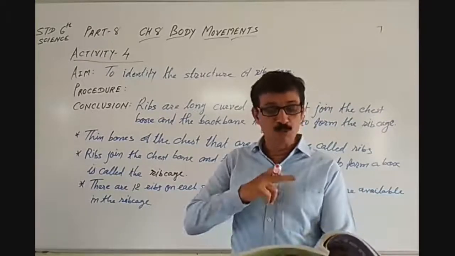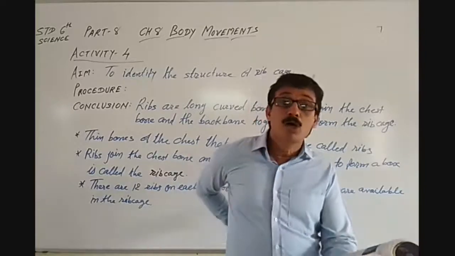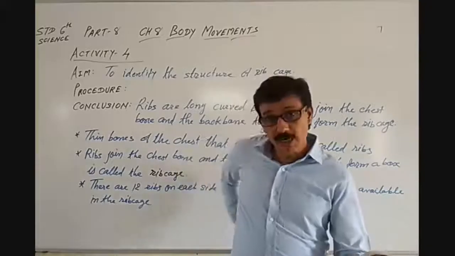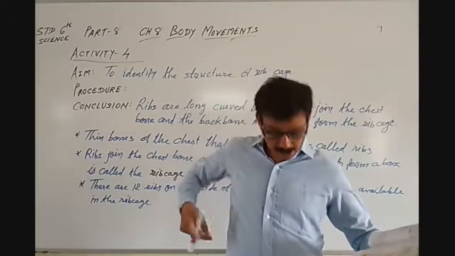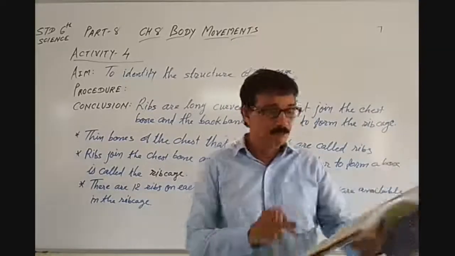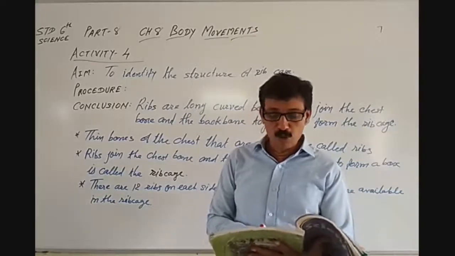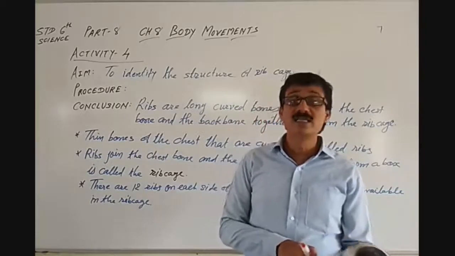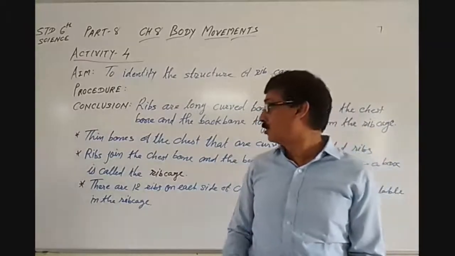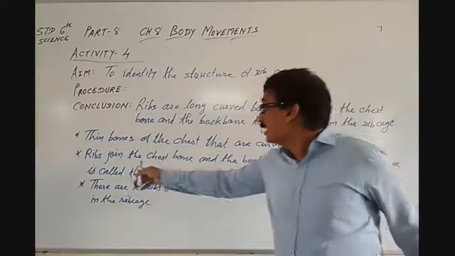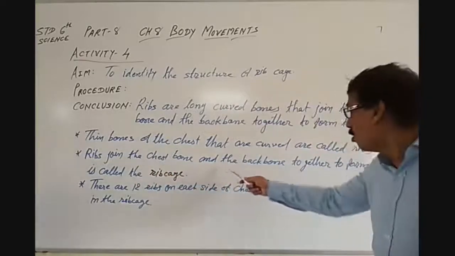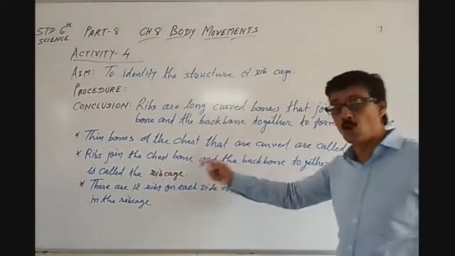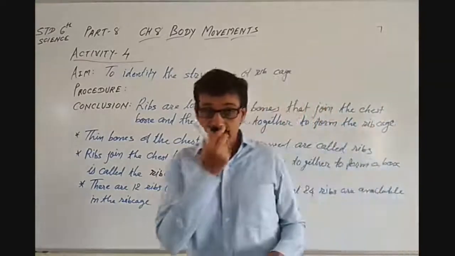They join the chest bone and the backbone together to form a box. They join the chest bone and the backbone from here to here and from this side to the back side. Together to form a box. This is called the rib cage. Ribs join the chest bone and the backbone together to form a box called the rib cage.